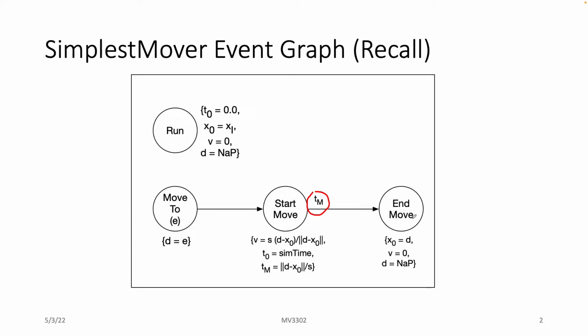Now, of course, the natural question that comes up is, what if something happens in between? Knowing how the event list works and how events are scheduled, if something happens between the time that the entity starts its move and the time that it arrives at its destination, then that will be another event on the event list.